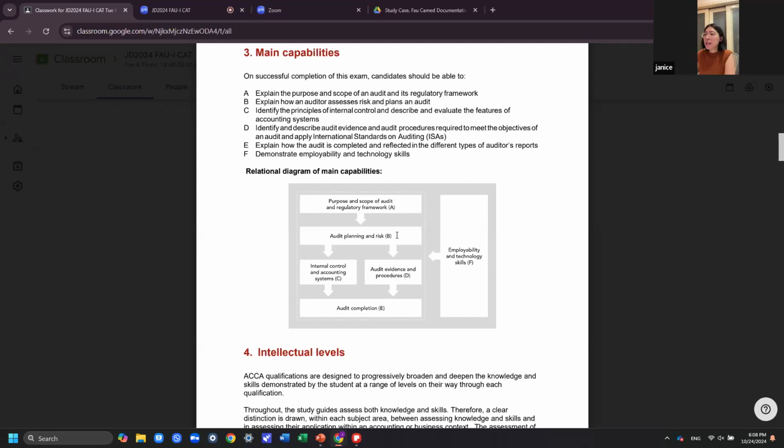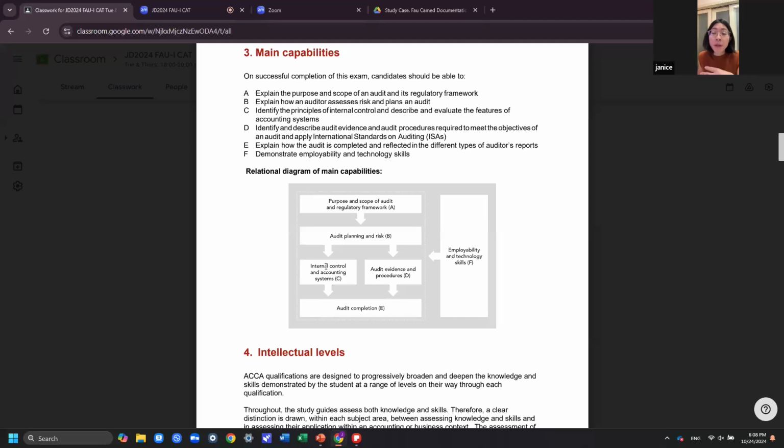Then we completed chapters 5 and 6, which are audit planning and risk. Then last month, we were focusing on internal control and accounting system, so we did chapters 7, 8, and 9.